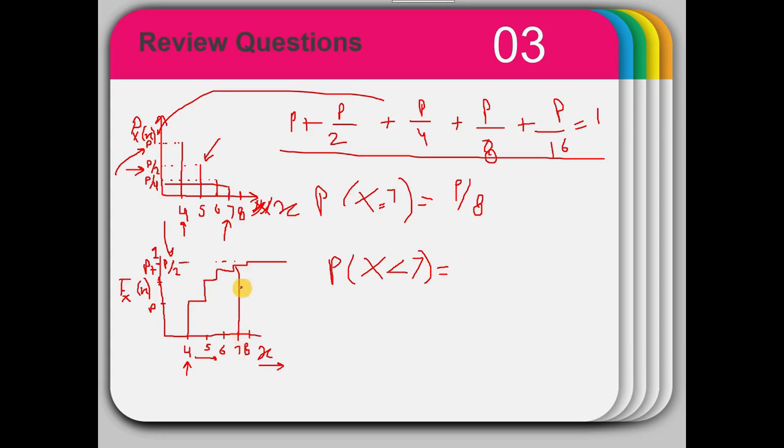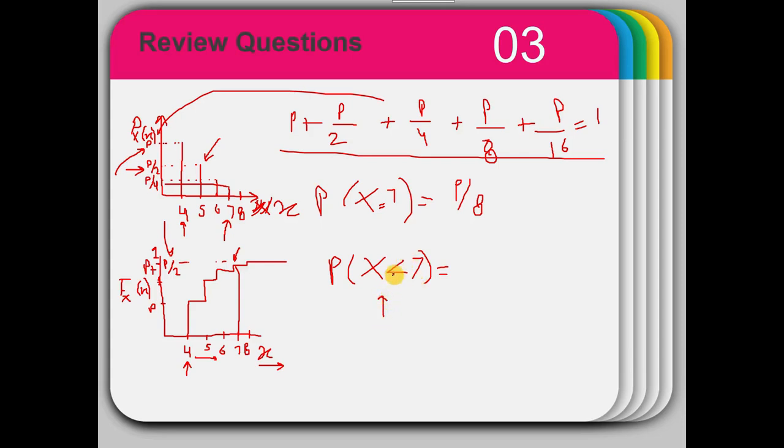So this probability contains the probability that x is equal to 7 plus x is equal to 6 plus x is equal to 5 plus x is equal to 4. It has accumulated all the probabilities. So I do not want to add all the probabilities for this case.